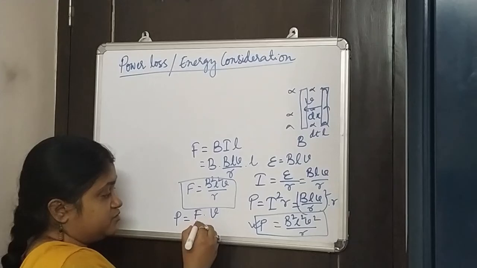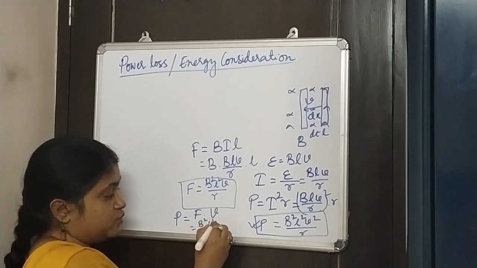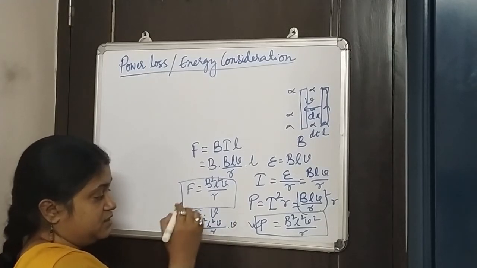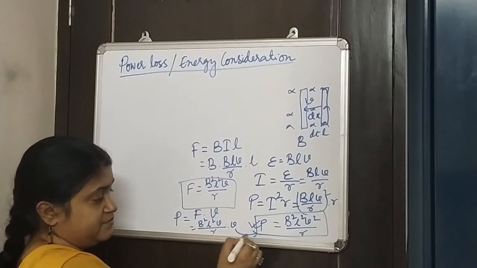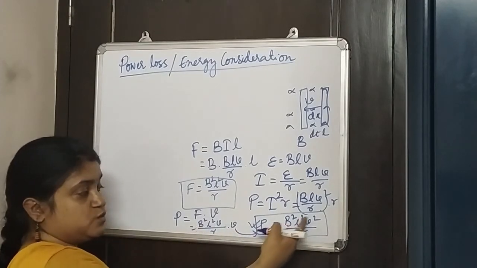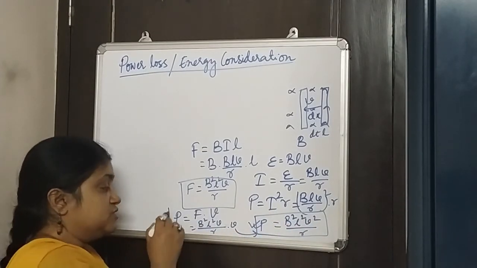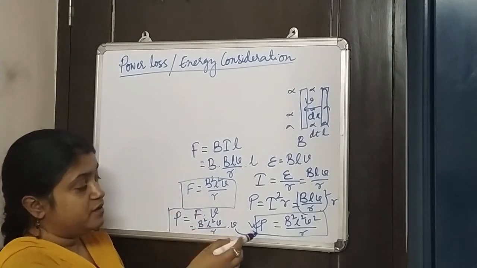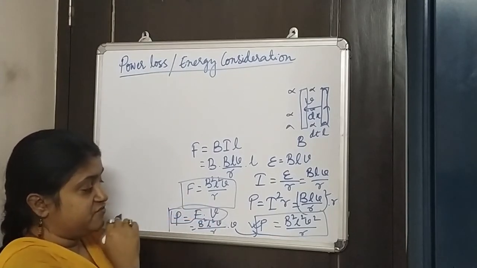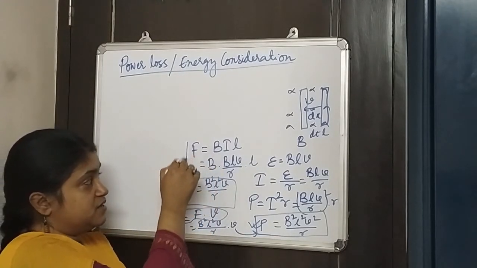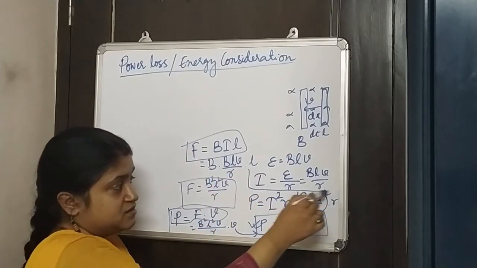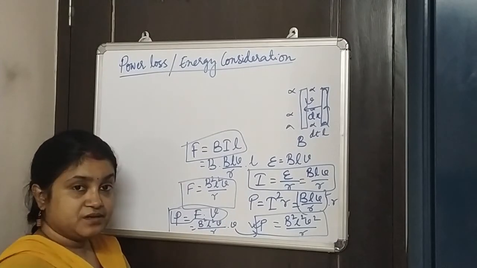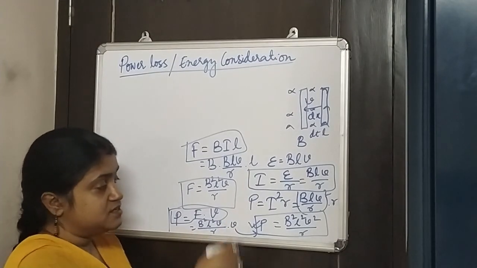If we substitute B square L square v by R into v, we get the same thing: the power is B square L square v square by R. So this is the relation between force and power, that is F into v, where F is BIL and the current is the EMF by the resistance.